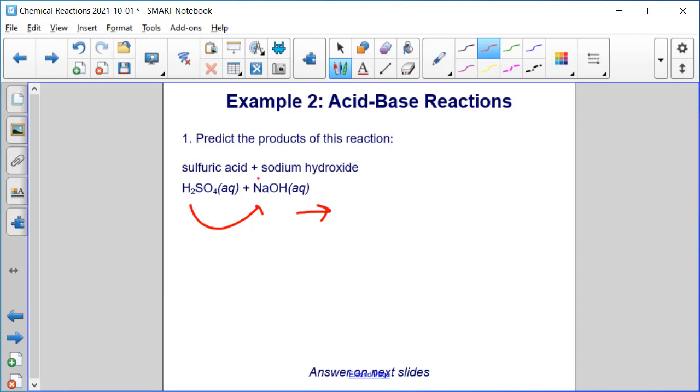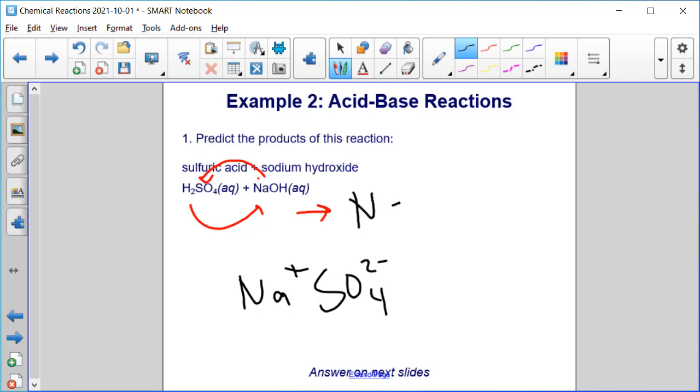The H goes with the OH and the Na goes with the SO4, but we just have to be careful of our ionic salt because Na is plus and SO4 is 2 minus. So we would produce Na2SO4, an ionic salt, plus water.